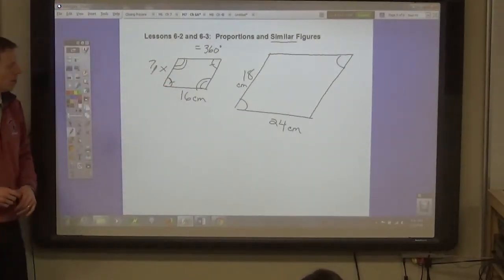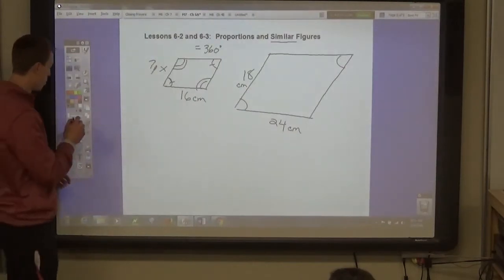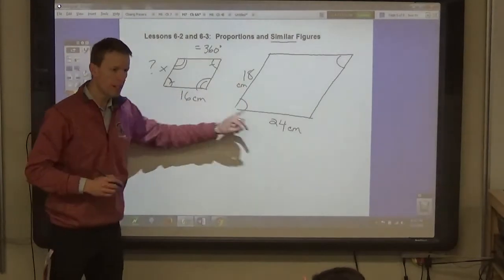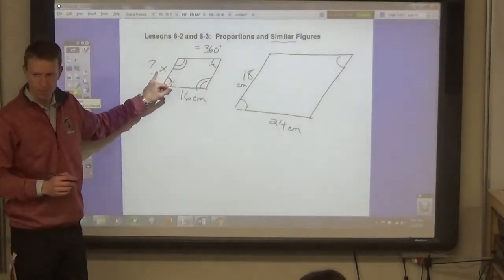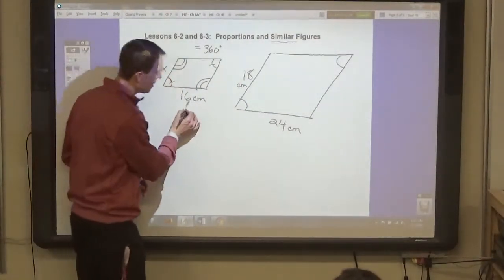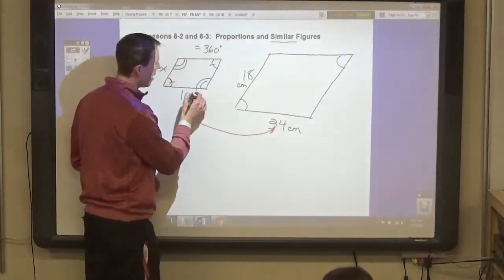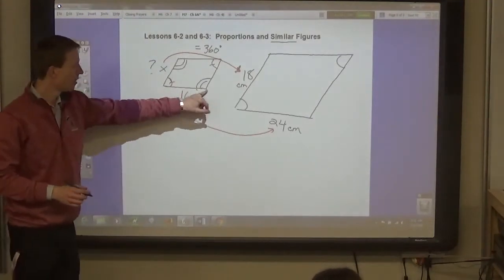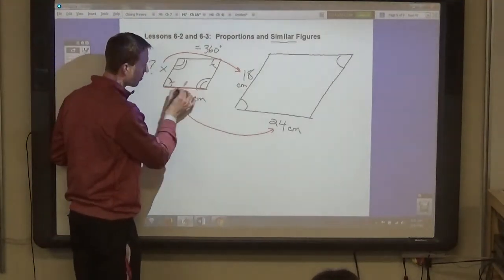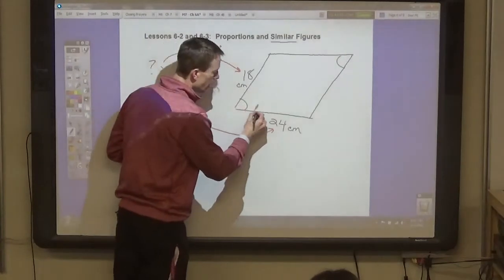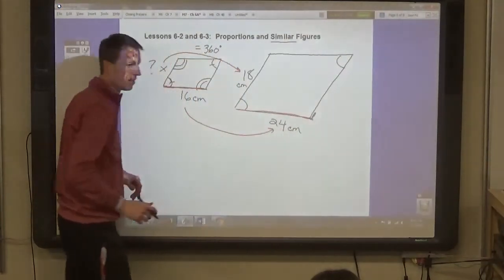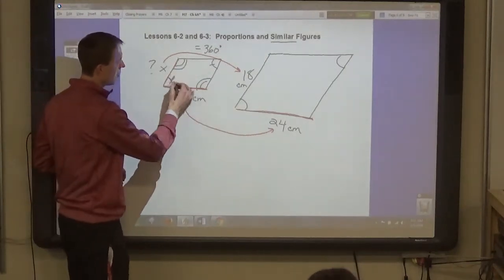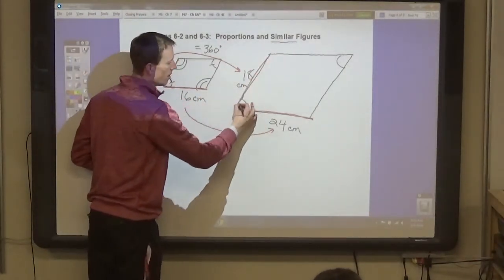What we can do is write a proportion. Using the three numbers, we can find the fourth number, as long as we write them in a certain way. This little side is related to this side in the same way that this side is related to this side.